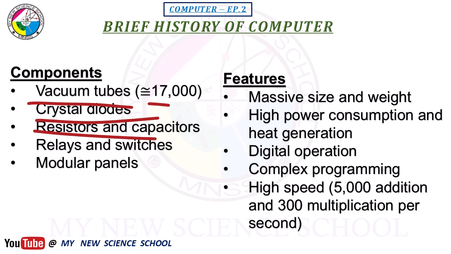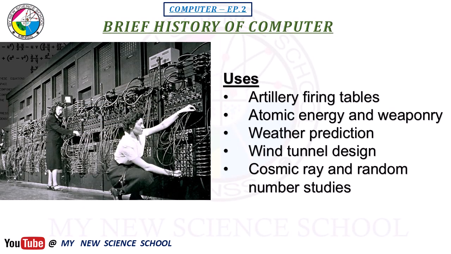Also, they offer very high speed calculations. Then another example of a first generation computer is this one, which was used in artillery firing, also atomic energy and weaponry, etc.